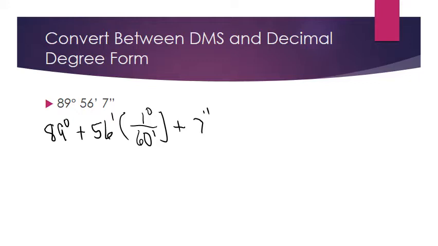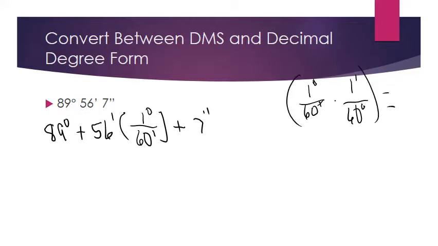Well, let's see. Let me do this a little bit over here. I know that for every degree, there's 60 minutes. And for every minute, there are 60 seconds. So how many seconds are in a degree? Well, I would simply multiply those two together.